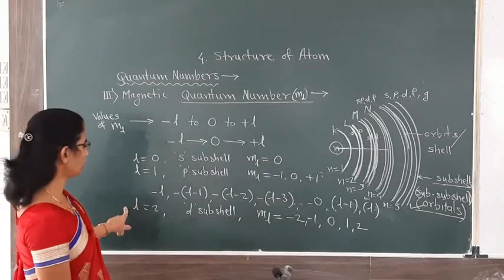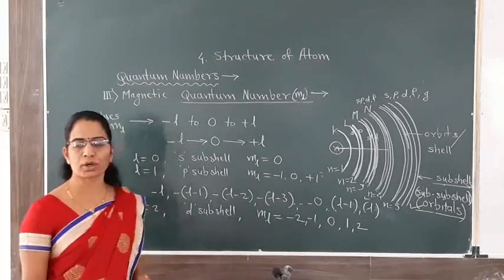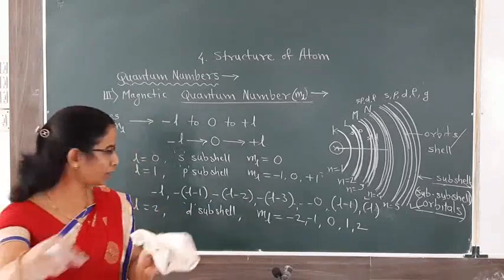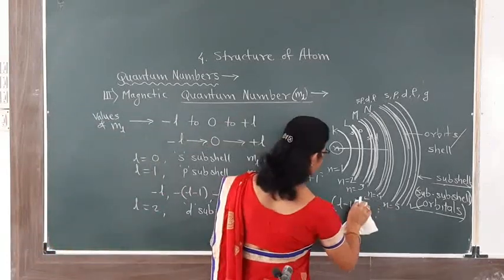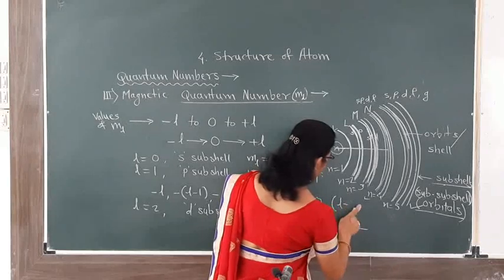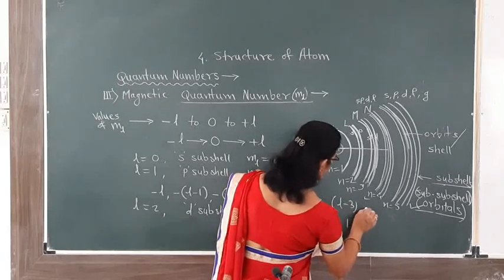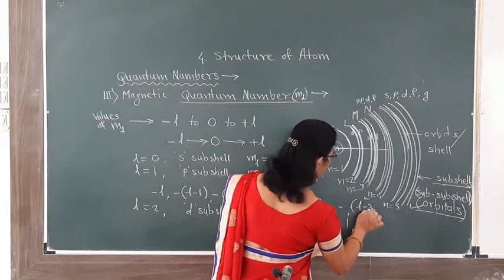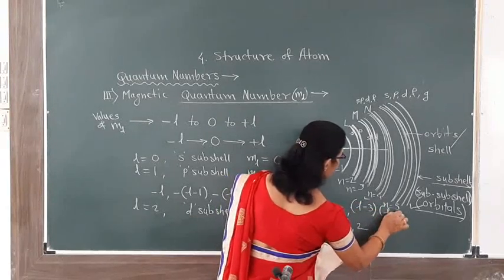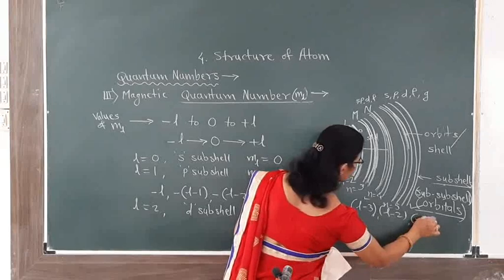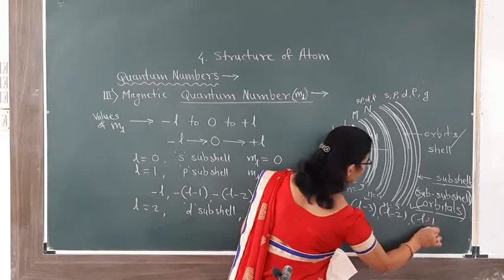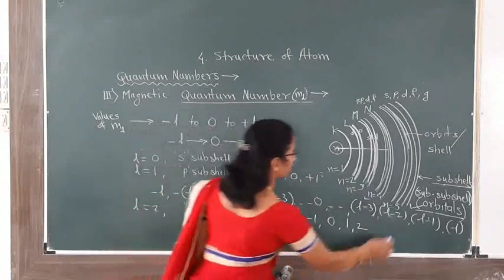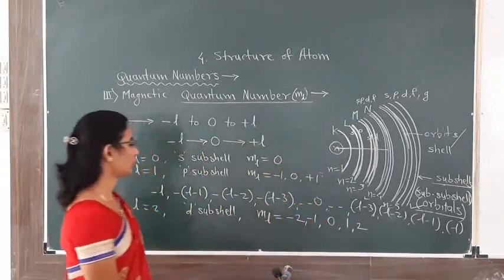In this manner, you can find the values of ml for a particular electron. Actually, the values must range like this: -L, -L plus 1, then 0 continuing, and then L minus 2, L minus 1, and up to L, where you have to stop.